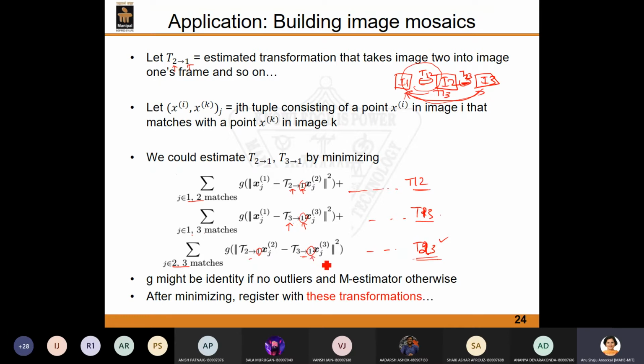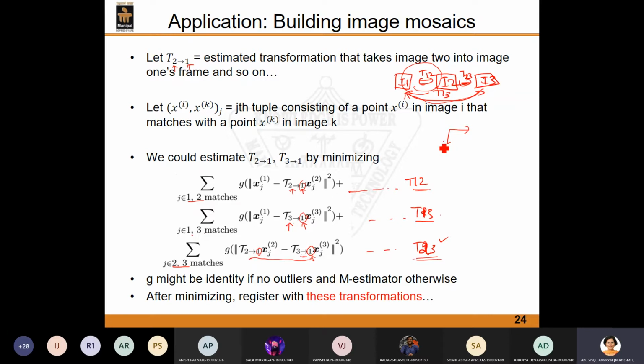For all the 3 terms, the mapping is to image 1, so the reference frame remains the same. It's because of that that we have put the third term in this way. So when we minimize this whole thing, it is with respect to the reference frame of image 1, and all 3 get minimized together in the same form.